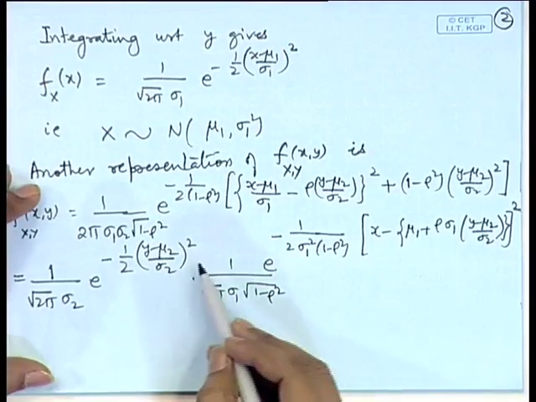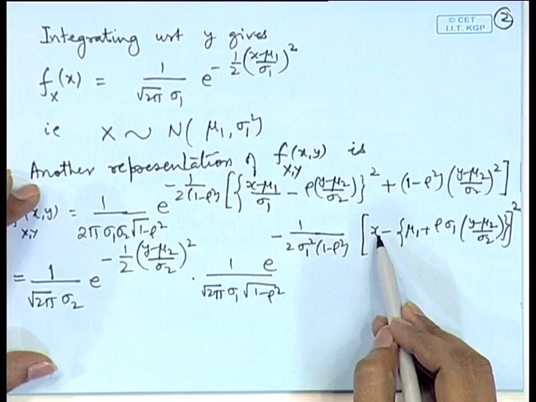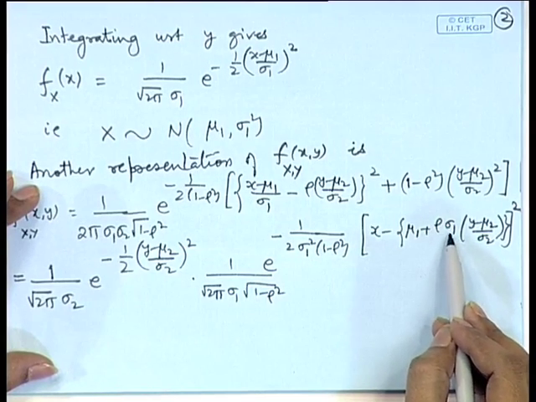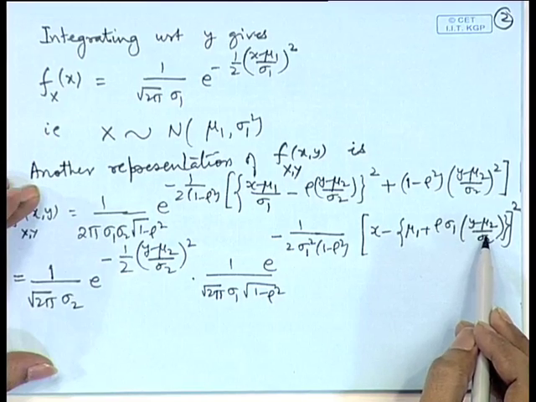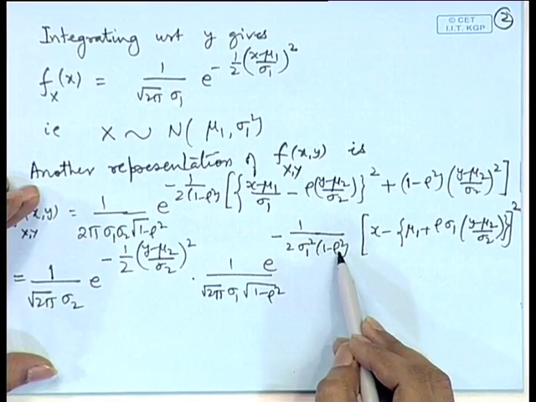So, notice here that the second term is a density of a normal random variable with mean mu 1 plus rho sigma 1 into (y minus mu 2) by sigma 2 and variance sigma 1 square into (1 minus rho square).